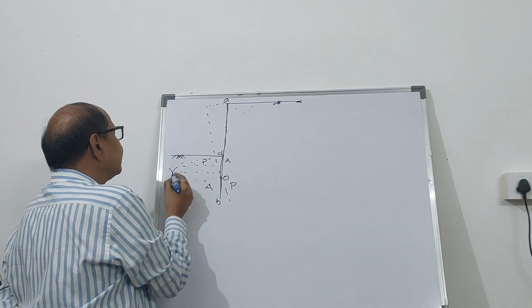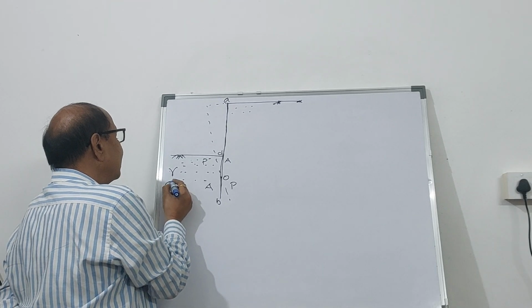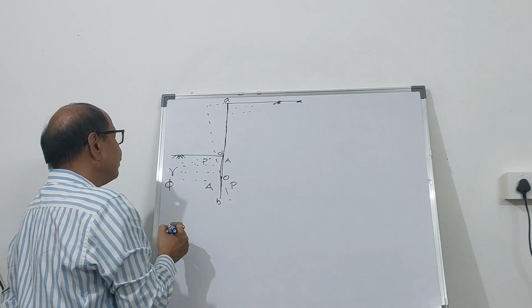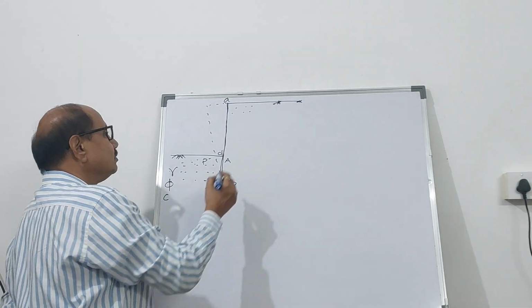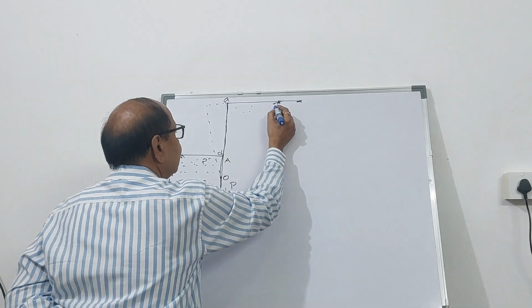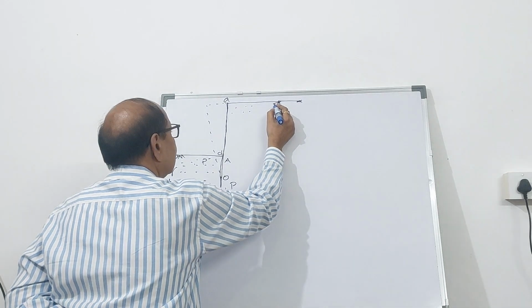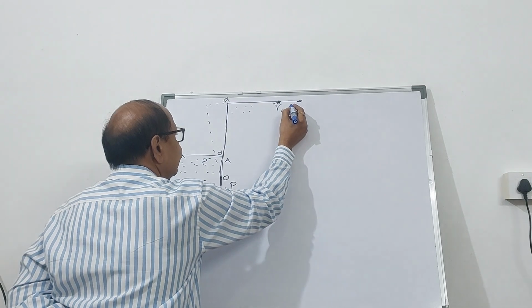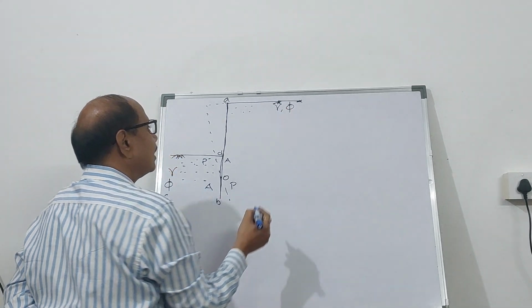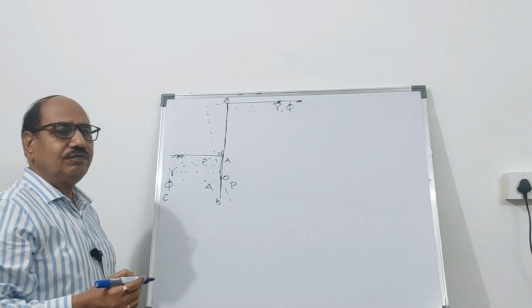The unit weight is going to be gamma, the angle of internal friction is going to be phi, and C is the cohesion. Here also the backfill soil has got unit weight, let's say gamma, and phi is the angle of internal friction.